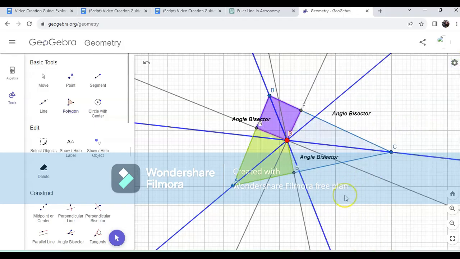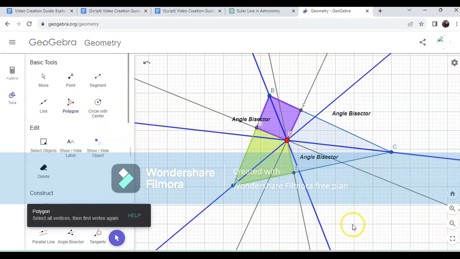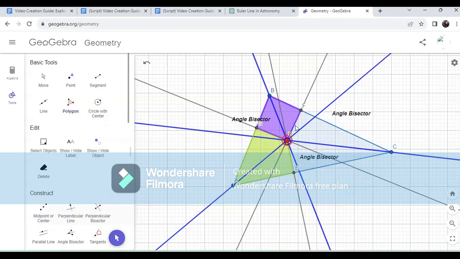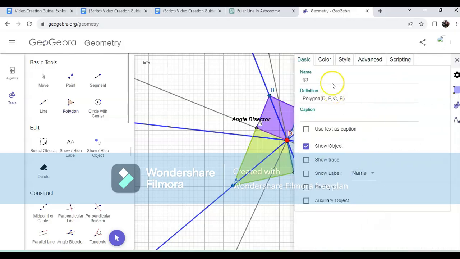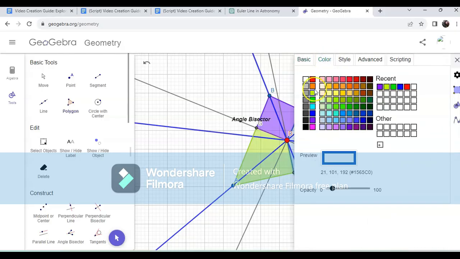And finally, we're going to have our orange pair. Just call the functionality polygon and then click on the vertices D, F, C, E. This quadrilateral has a pair of congruent triangles, so this will be orange.